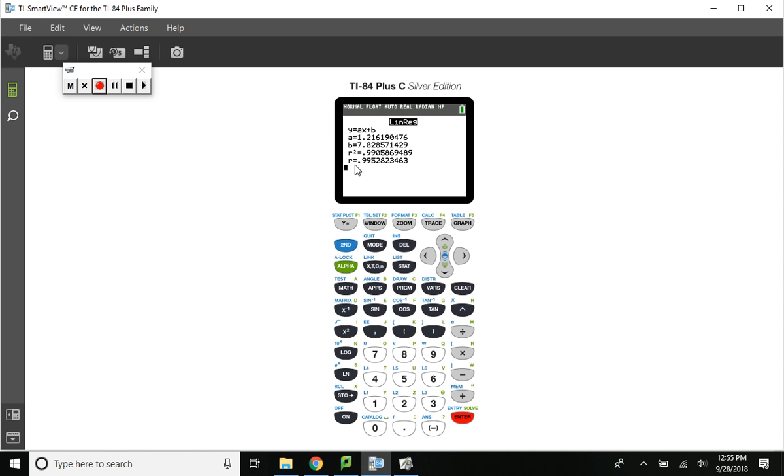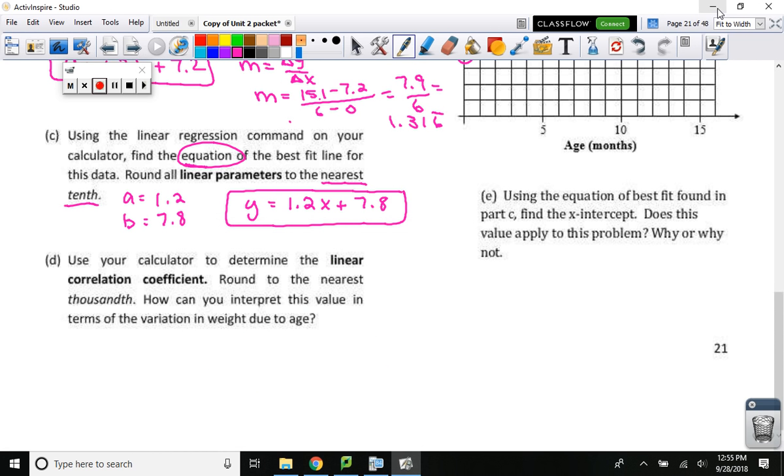So we would say, I'm going to round to the nearest thousandth. Okay, so my R value to the nearest thousandth. R equals thousandths.